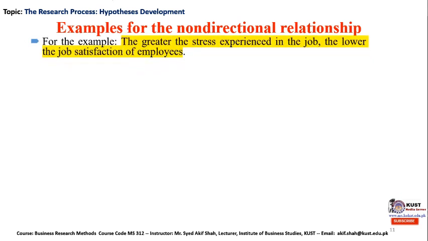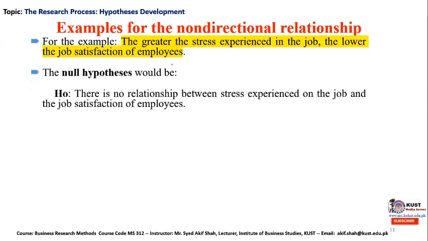Let us take another example. The greater the stress experienced in the job, the lower the job satisfaction of the employee. Now we can hypothesize that the null hypothesis could be in this fashion: H naught colon, there is no relationship between stress experienced on the job and the job satisfaction of the employee.